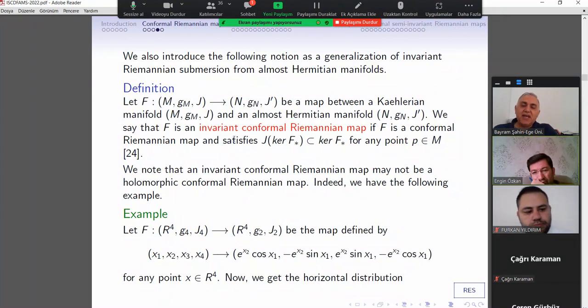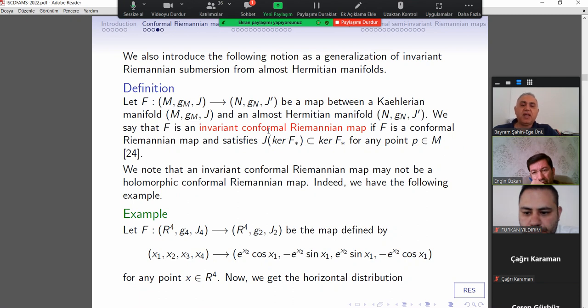Like this one, we can define the invariant conformal Riemannian map. Basically, if the vertical space, it means the kernel F star, is invariant under this J, the complex structure of this M, which is a Kaehlerian manifold, then we call this one an invariant conformal Riemannian map.